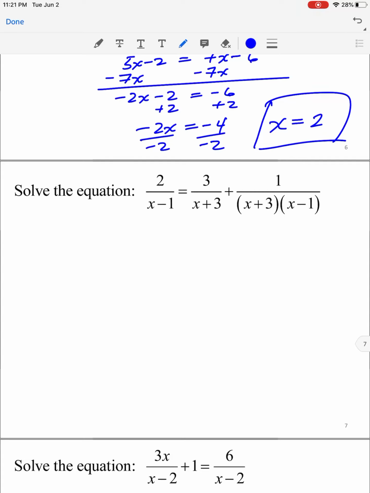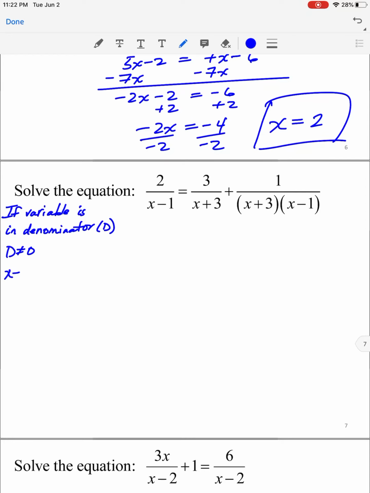And that information is when you have a variable in the denominator, I'm going to just write D for denominator. Denominator cannot equal 0 is your first step. Set the denominator not equal to 0, and then find out what your solutions cannot be.